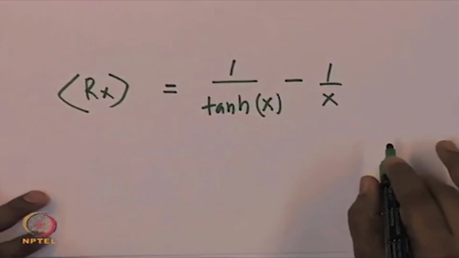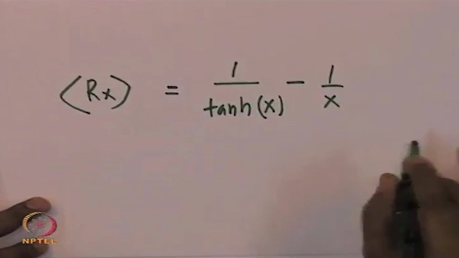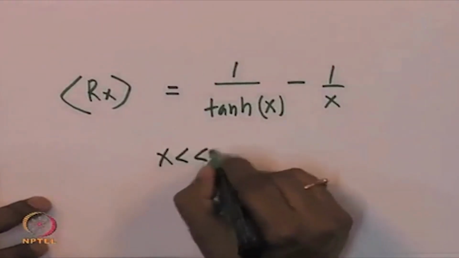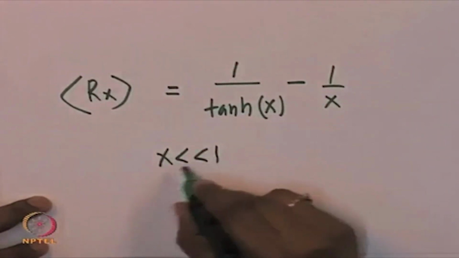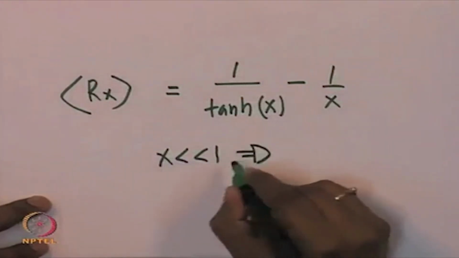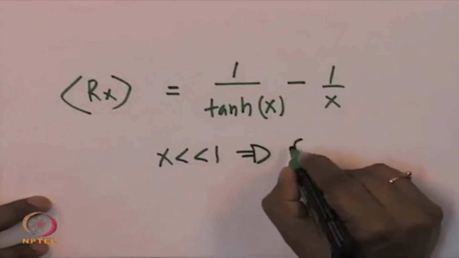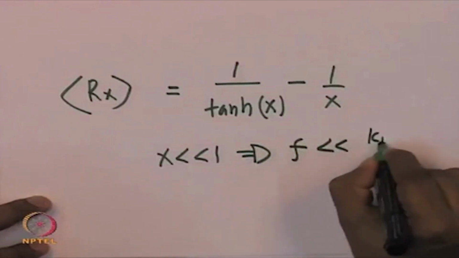And if I expand this, when x is very small, less than 1, this would imply that f is much less than k_B T by b.